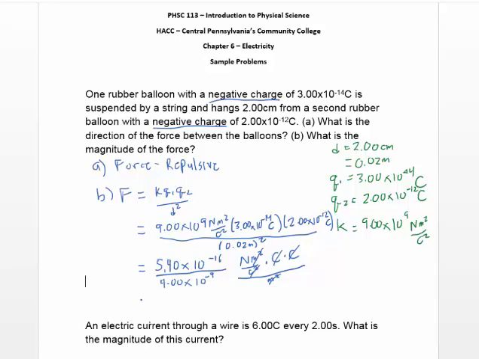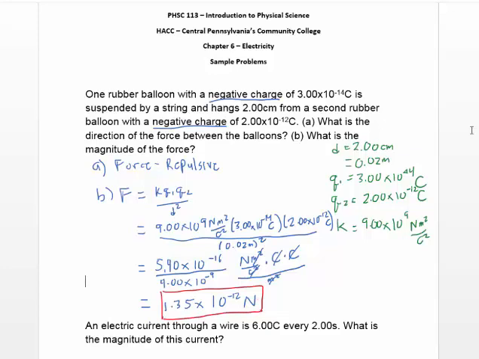And when we divide these two, we get our final answer, which is 1.35 times 10 to the negative 12th newtons. That is the force between these two balloons.